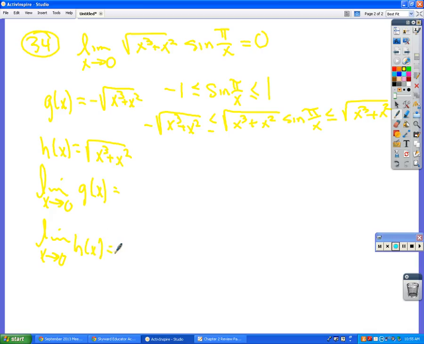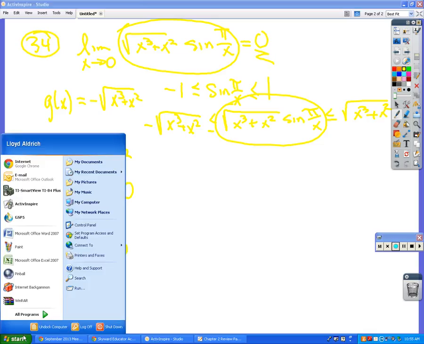If those two are the same, then that is our answer. If you plug in 0 to those, you get 0. Since our original function is in between those two functions, the limit of that is 0 as well. So let's see what that looks like graphically.